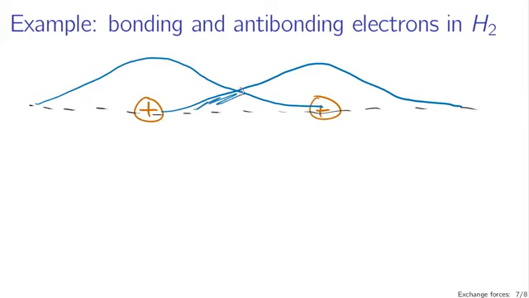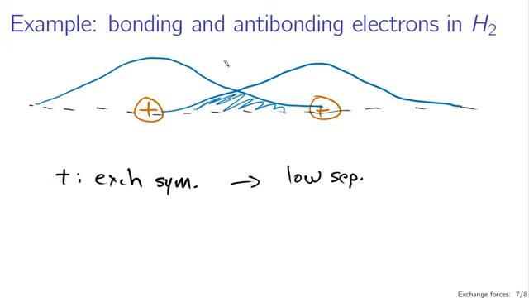And this overlap region means that we have some possibility of exchange. So if I have the plus sign, the exchange symmetric combination, that means my electron separation will be low. The separation between my two electrons, the expected value of x1 minus x2, will be small.